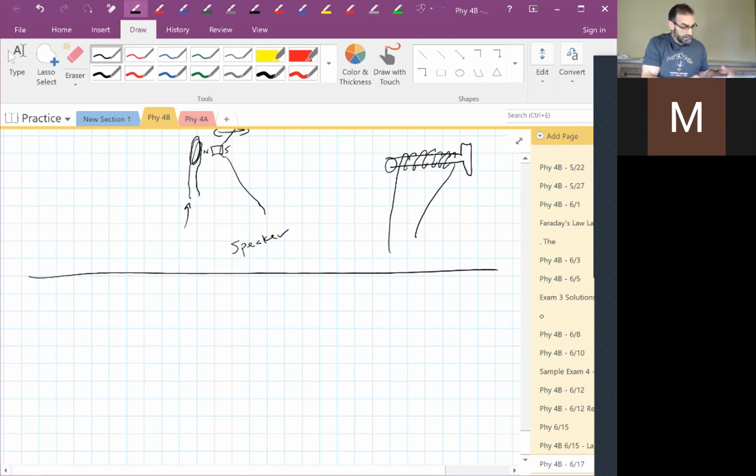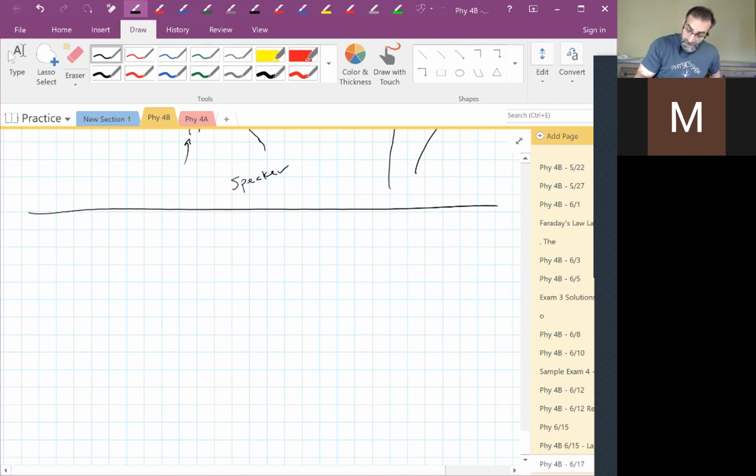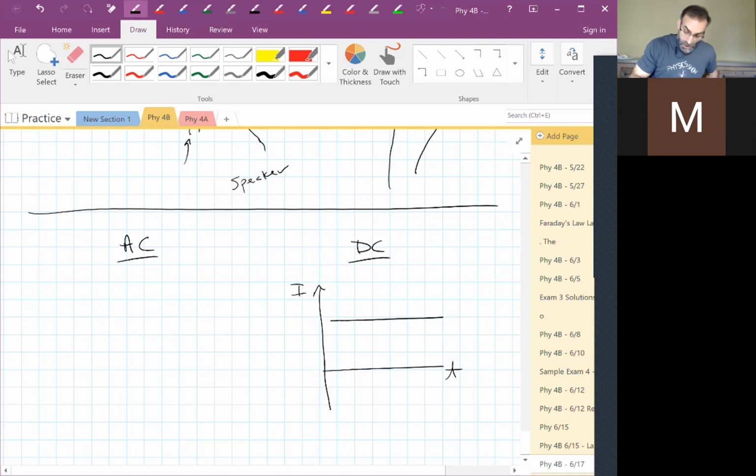Oh, before we get there, real quick, root mean square values. So we know for a DC circuit and an AC circuit. In a DC circuit, our current is just at one value, right? We could call that the maximum value if we wanted to, but it's just one value.